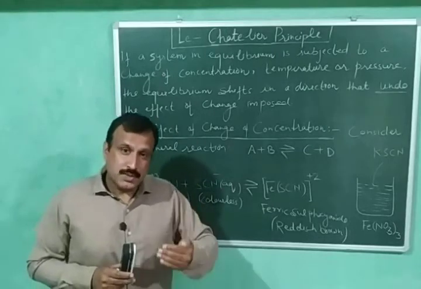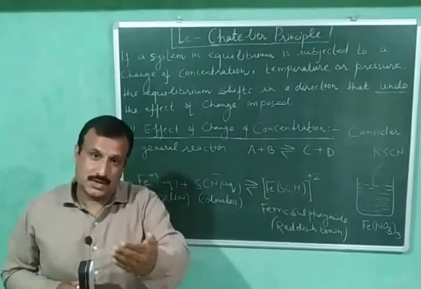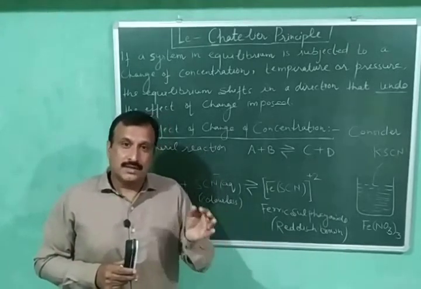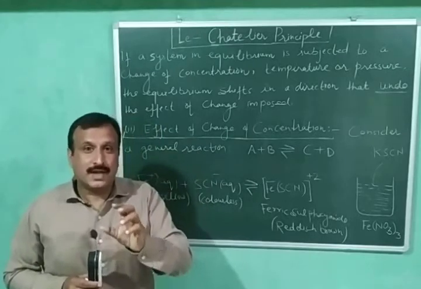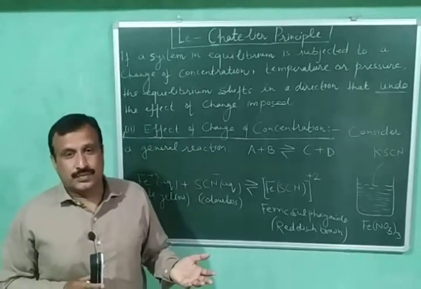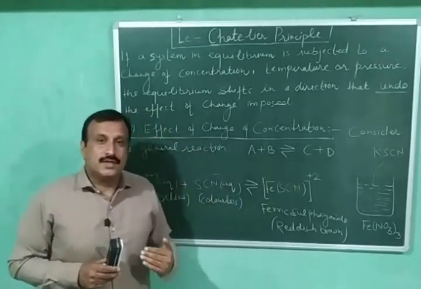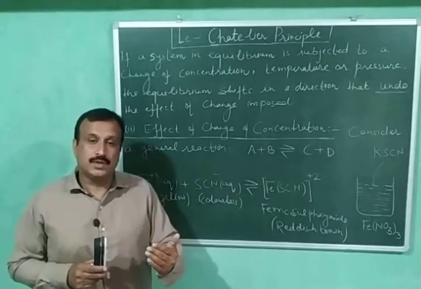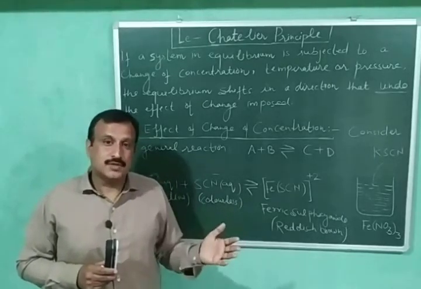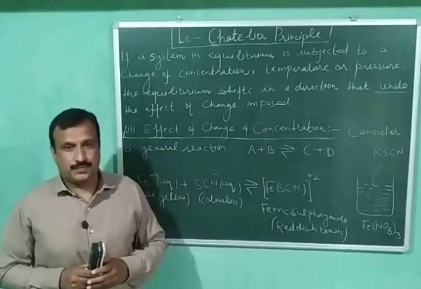This means that the reaction will proceed in the forward direction, because when the reaction goes in the forward direction, the concentration of the reactants decreases and that of the products increases. So we can say that the increase in the concentration of the reactants shifts the equilibrium in the forward direction, resulting in a decrease in the concentration of reactants and an increase in the concentration of products.